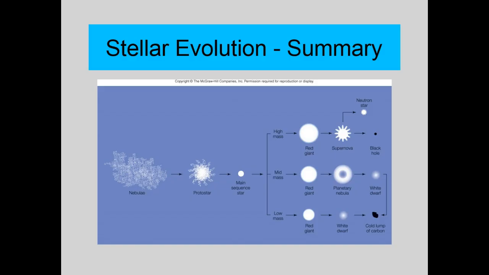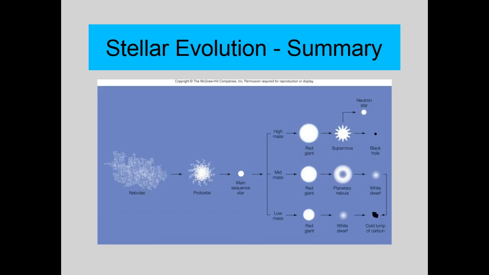Now they sort of left off this stuff here, but I'll mention it. The red giant keeps getting bigger, much bigger than it used to be, but much cooler than it used to be. That's why it's red. Okay? And then it does a final collapse on itself and becomes a white dwarf. Okay? Now by that time, the helium has become carbon.